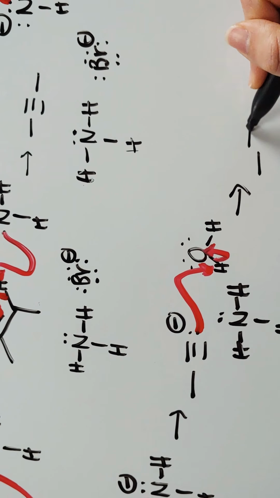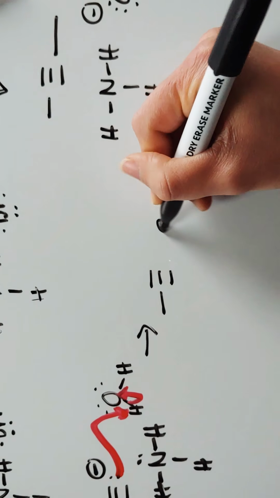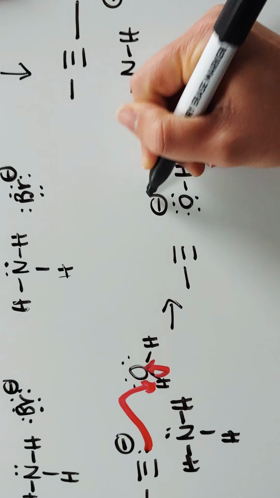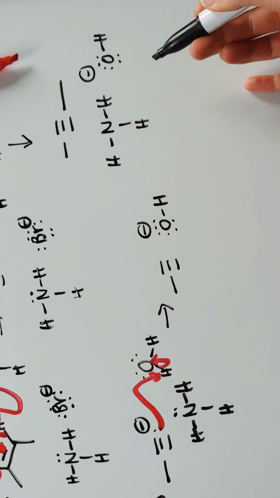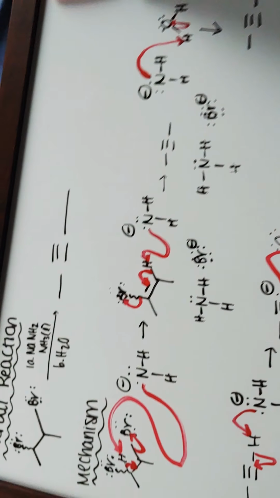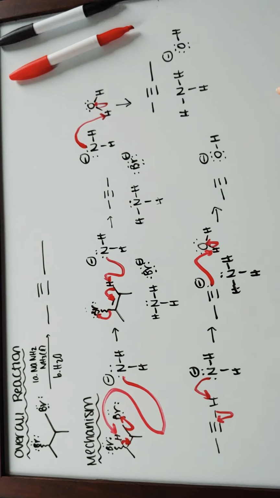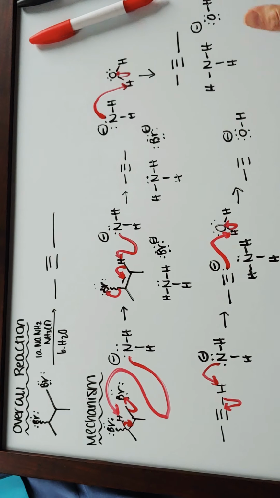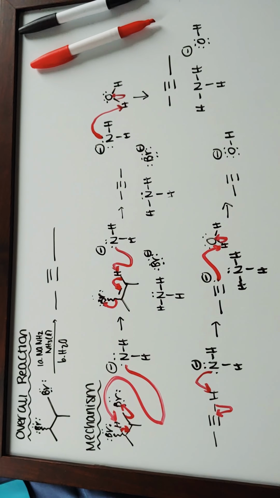That's going to result in our terminal alkyne with the hydroxide. So in both cases, we do end up with hydroxide. We do end up with NH3, which is really good, but it just depends on if it's terminal or if it is an internal alkyne. So there you go.